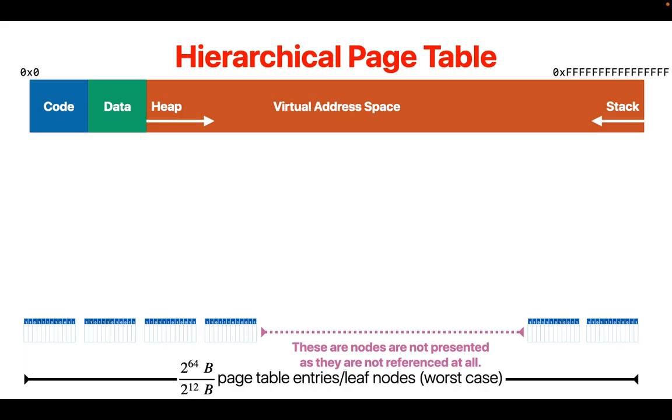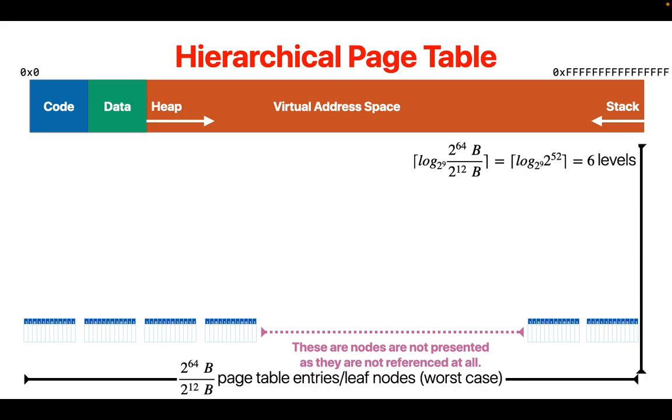So the idea of the B tree structure is that, in the worst case scenario, you have 2 to the 64 divided by 2 to the 12 page table entries that you need. And it turns out that for each node, you are storing 2 to the 9 entries.